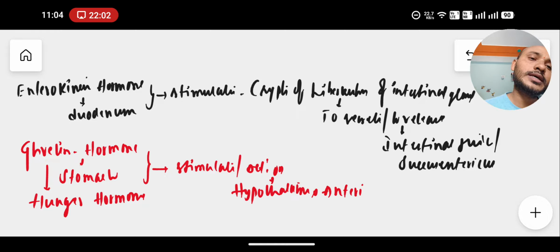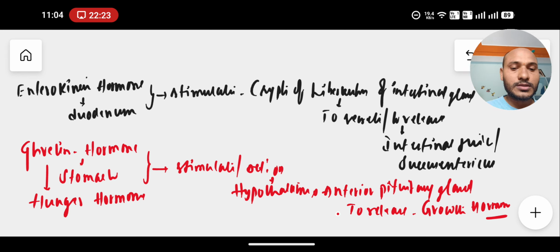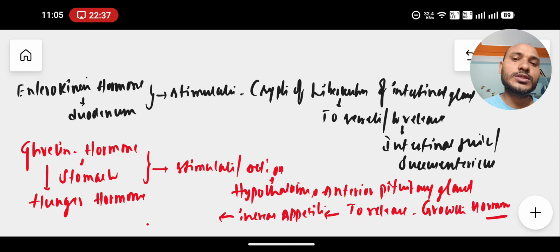It stimulates the anterior pituitary gland to release growth hormone, so that it increases the appetite. Hence this ghrelin hormone is called the hunger hormone.